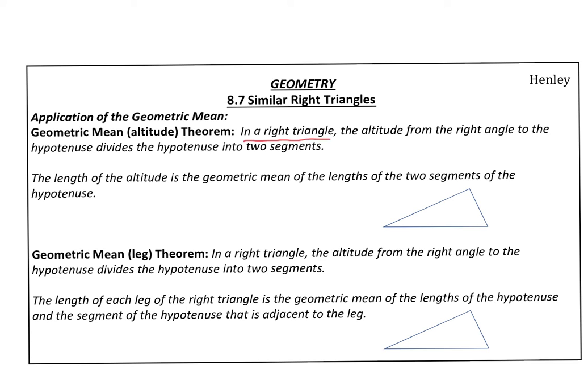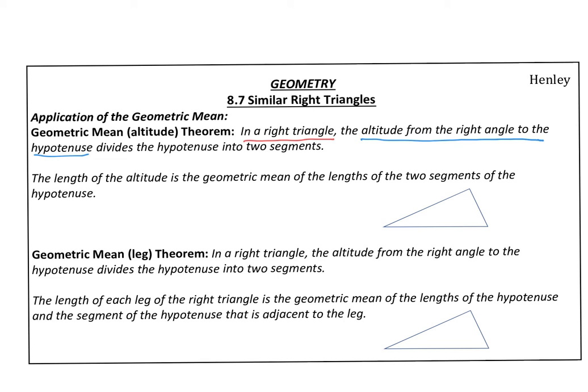In a right triangle, the altitude from the right angle to the hypotenuse divides the hypotenuse into two segments. So we're looking at the altitude from the right angle to the hypotenuse. The length of the altitude is the geometric mean of the lengths of the two segments of the hypotenuse.